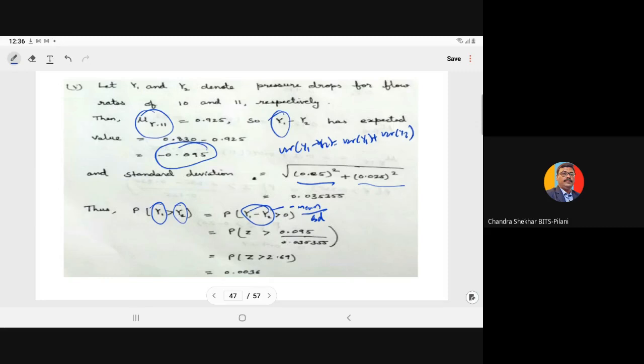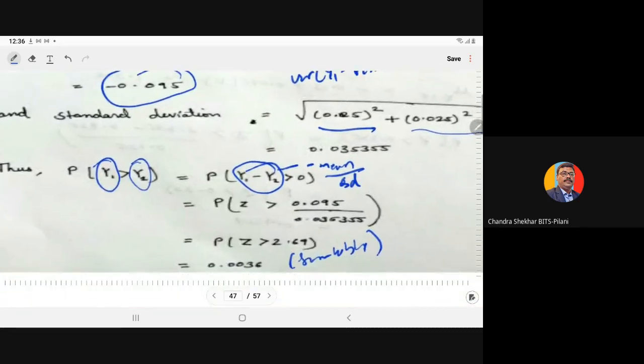So you will get the probability of z greater than 2.69. From the table, this value is equal to 0.0036. So that is the required probability.